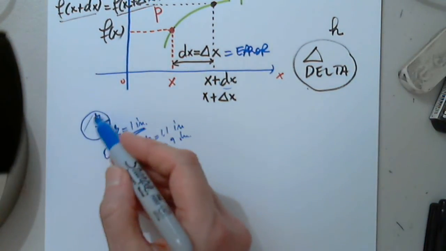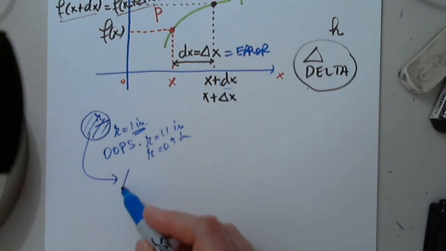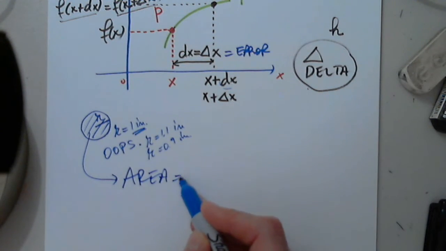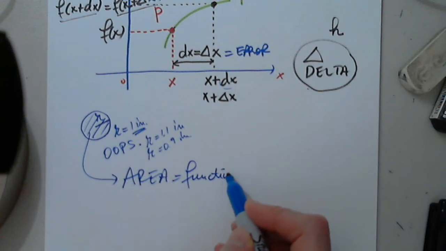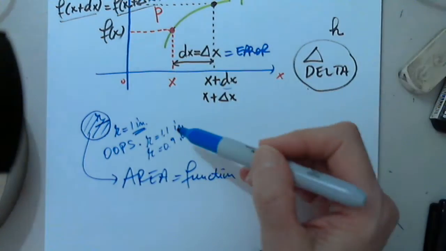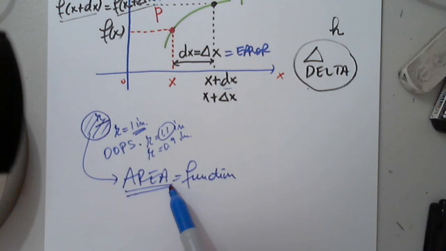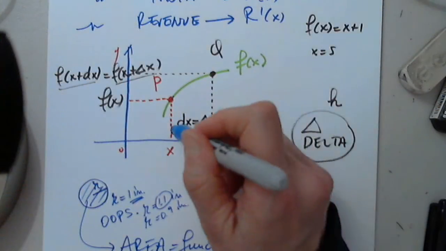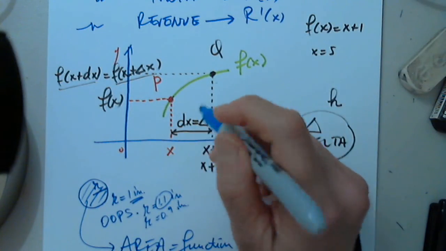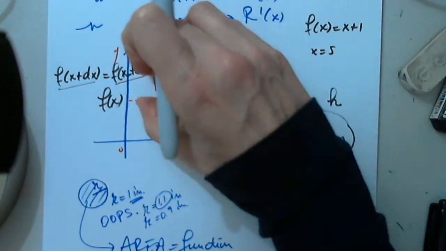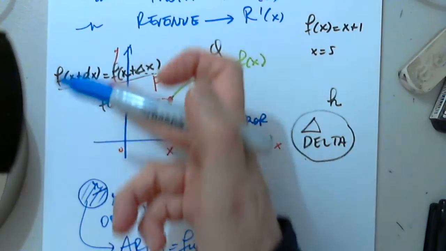So let's say for our discussion here, the area is the function. But if I have a small error in the radius, of course I will have an error in the area. So if I have a small error in x, that will trigger an error in the area, in the function.